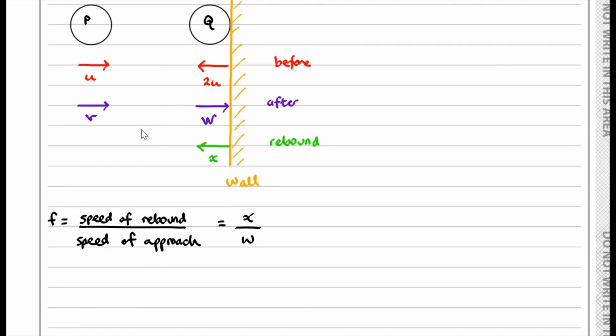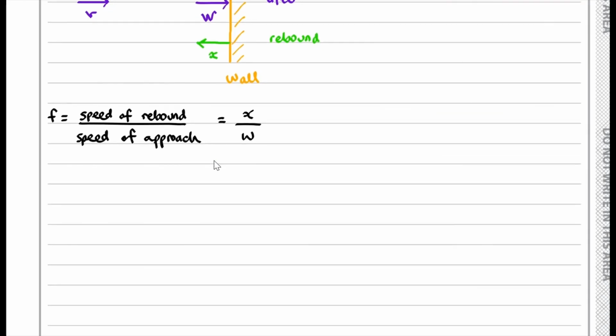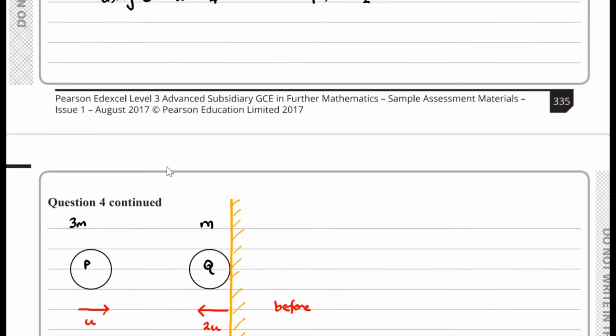So hopefully that makes sense. Q approaches the wall with speed w, it rebounds at speed x. And remember, we want to find a range of values for f. First of all, if we determine what x is, x is equal to fw, and we know what w is already.